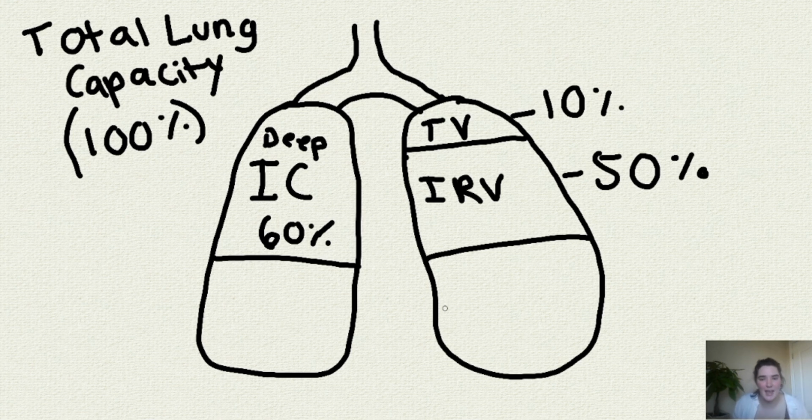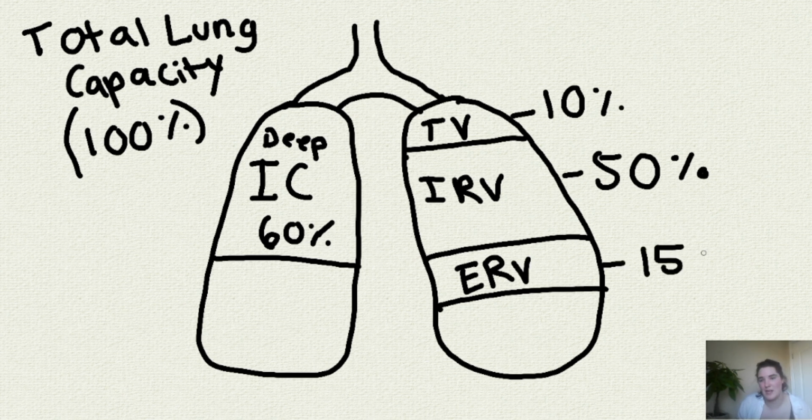When you exhale, if you are to forcefully exhale and get rid of more breath, that is called your expiratory reserve volume, okay? So that's your exhaling power, to be able to get rid of air from your lungs. 15%. So your total volume is normal in and out, your shallow breathing.